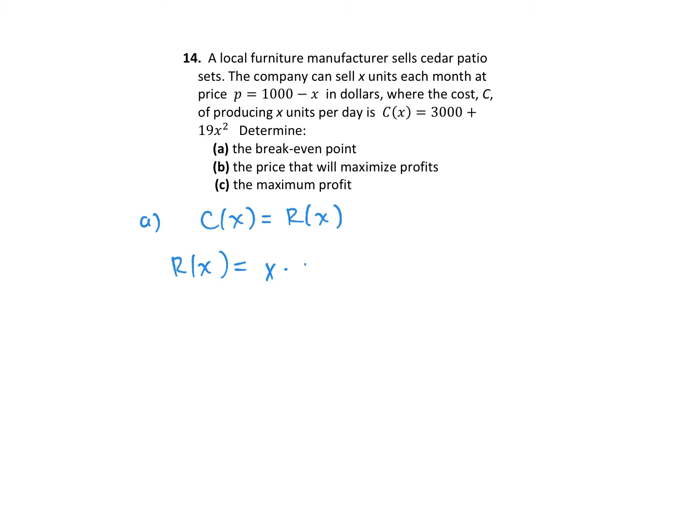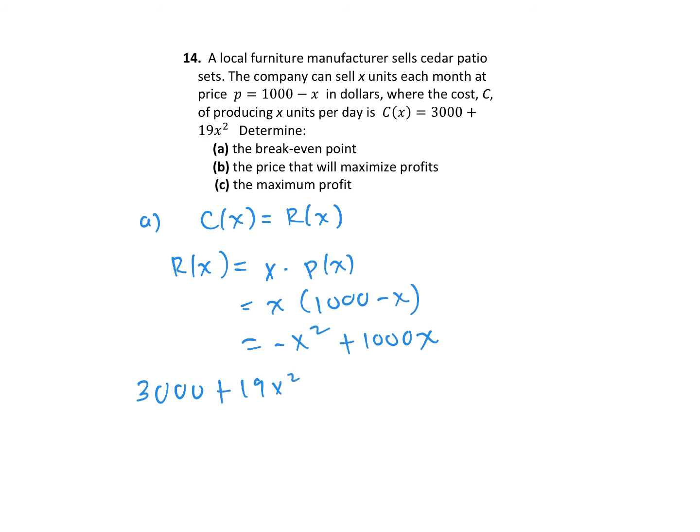So revenue is number of items times the price, and the price was given. And so once we know that, then we want the cost function, which is 3,000 plus 19x squared, equal to the revenue function that we just found.